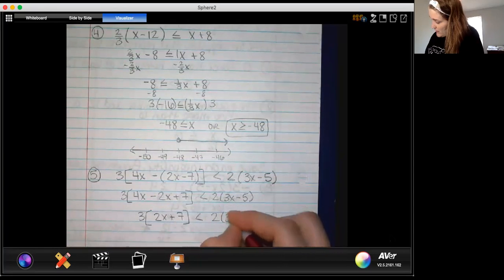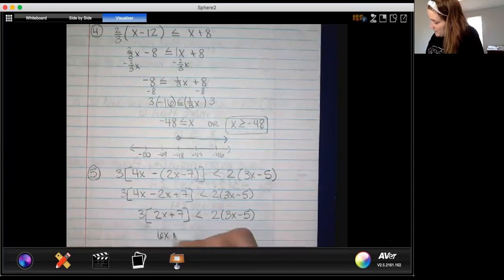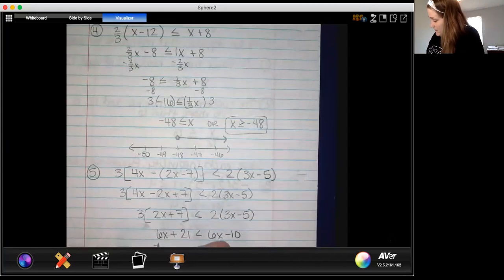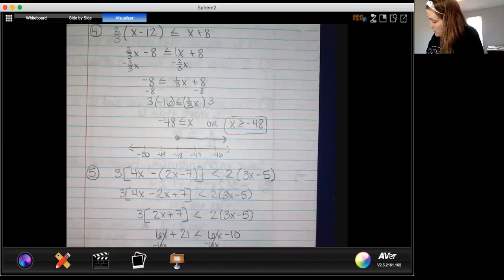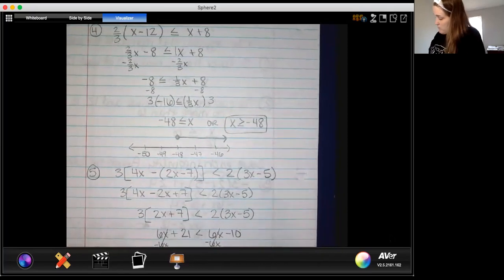Actually, I'm going to wait till the next step to distribute. So then I get 6x plus 21 is less than 6x minus 10. And if I subtract the 6x, I end up with 21 is less than negative 10.